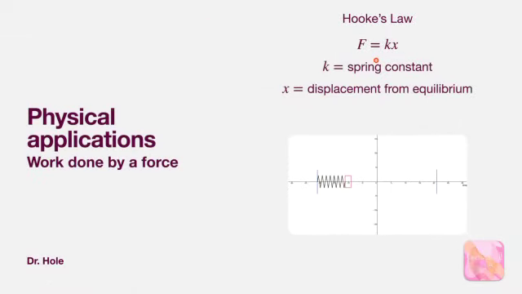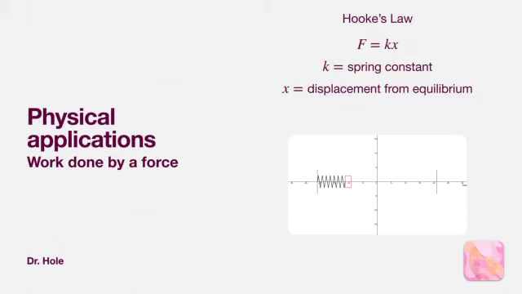So write this down. k is the spring constant. Think about if you have a spring as found in a mechanical pencil versus a spring found in the suspension of a vehicle, the spring constants are going to be different. So k is an intrinsic property of the spring.